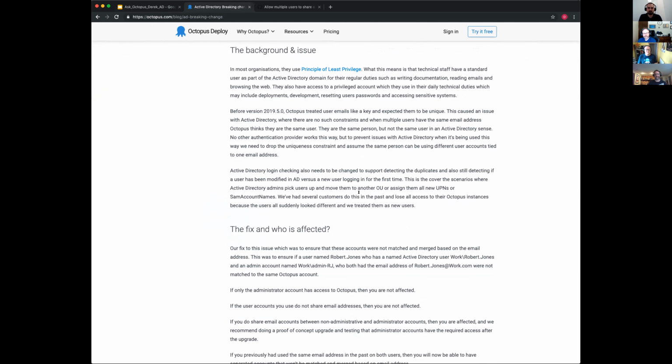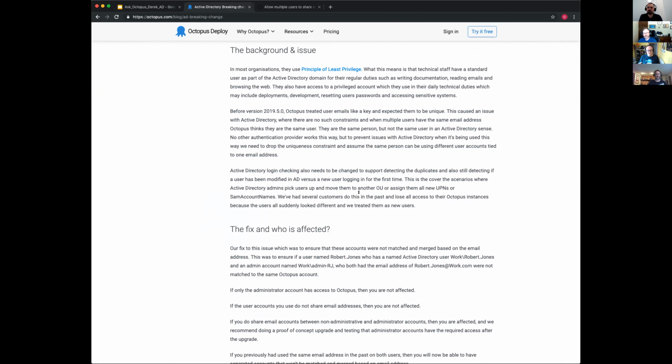Before version 2019.5.0, Octopus treated emails like a key and expected them to be unique. No other authentication provider actually works like that, and basically, it wasn't unique. Normally, with something like CyberArk, for instance, you could actually go in and get a one-time password reset.